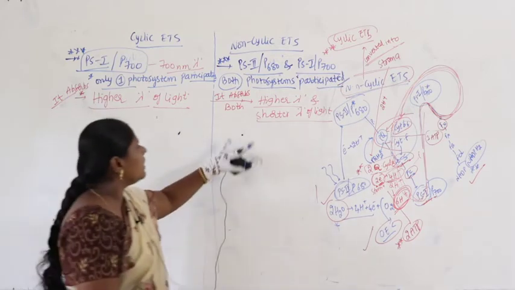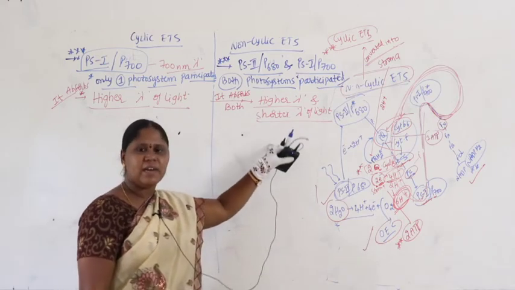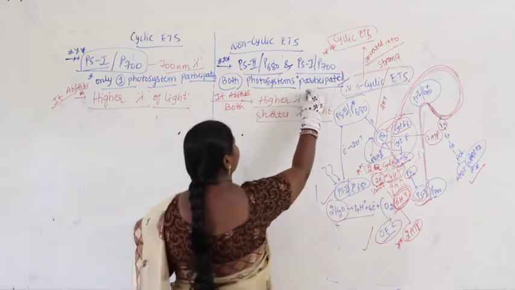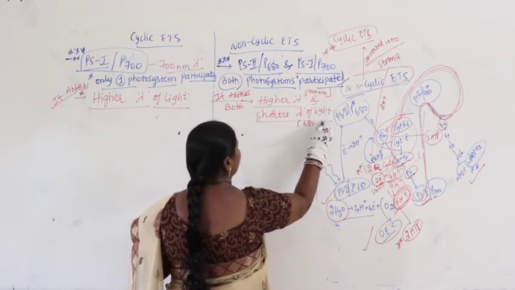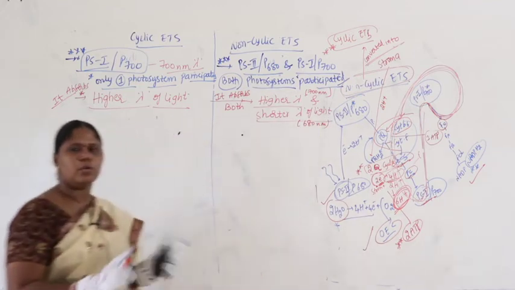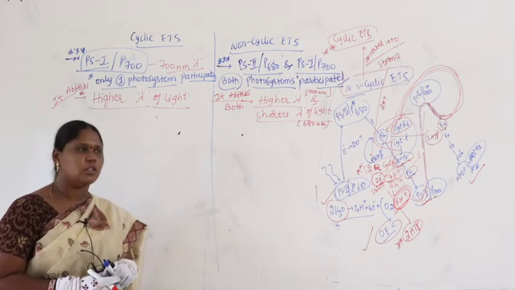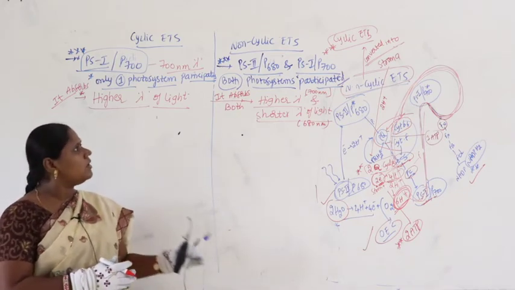Coming to non-cyclic, it absorbs both the higher wavelength of light as well as the shorter wavelength of light. Meaning here 700 nanometers, here 680 nanometers wavelength of light. Both higher and shorter wavelengths of light are absorbed in the case of the non-cyclic electron transport system.